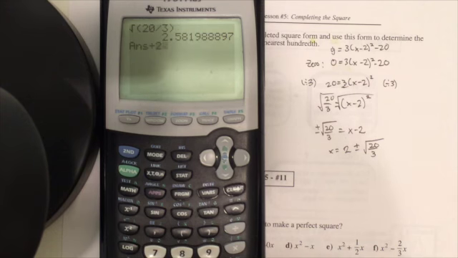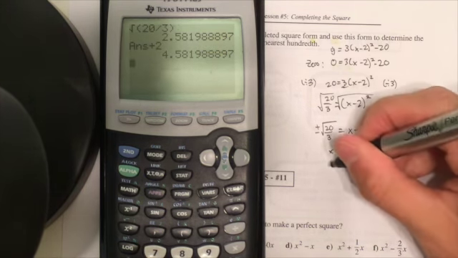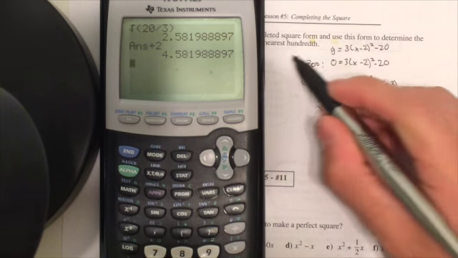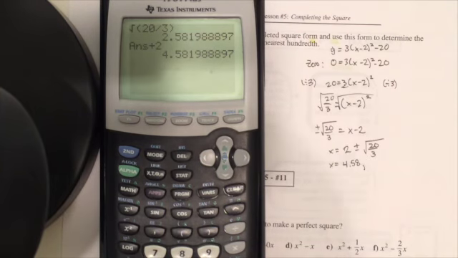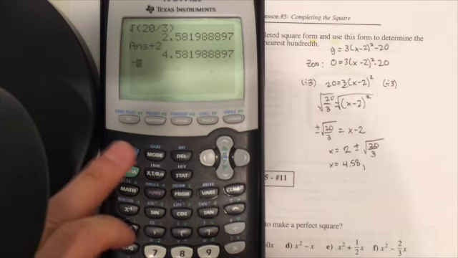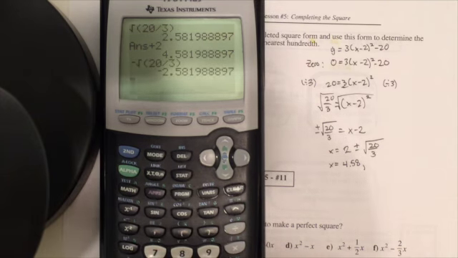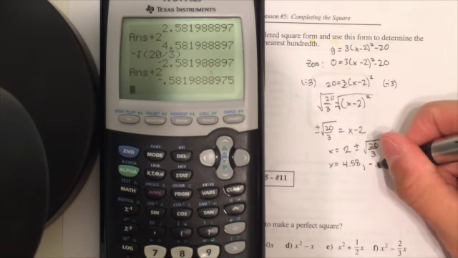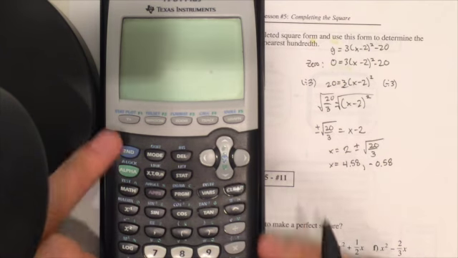So if I add 2 to 2.58, then I'm going to have an x value equal to 4.58 if I round to the nearest hundredth. And if I have negative the square root of 20 divided by 3 plus 2, I'm going to have negative 0.58. And those are my two zeros.